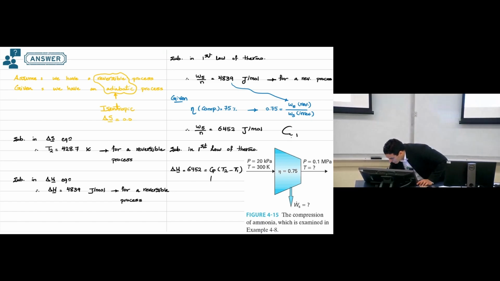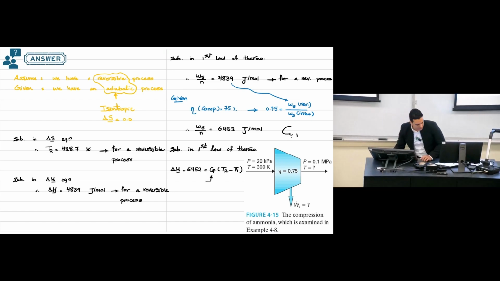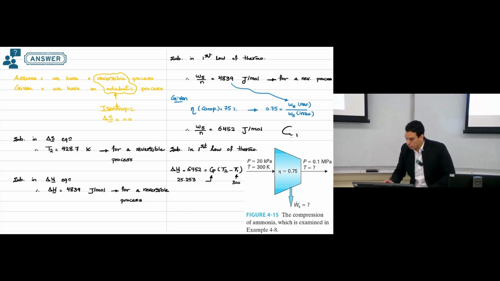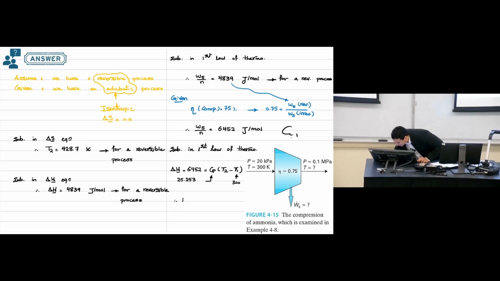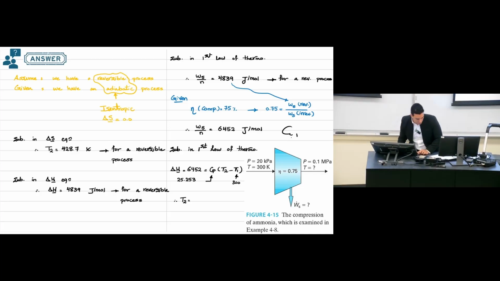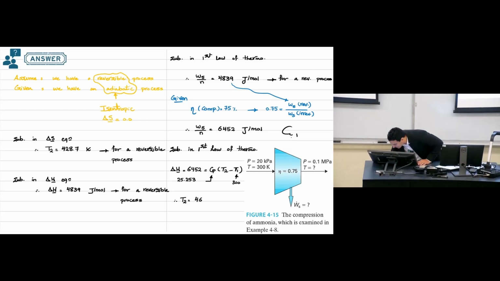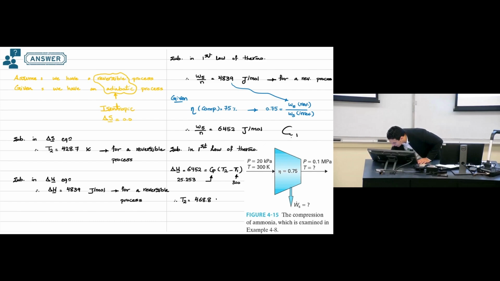So now we have the value of Cp. This one is given, 25.253. We have T1 given as 300. I substitute with the actual enthalpy change, not the theoretical one. So now I can calculate the outlet temperature, and the actual outlet temperature in this example will be 468.8 Kelvin, and this is the requirement we have.